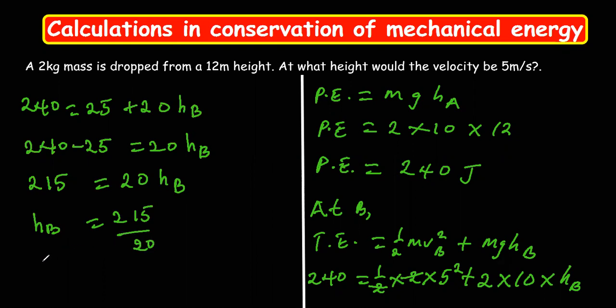When we do that, how many 20 do we have here? 200, and 210, remember 15. So I know I'm going to have 10.75 meters. So this is our new height.